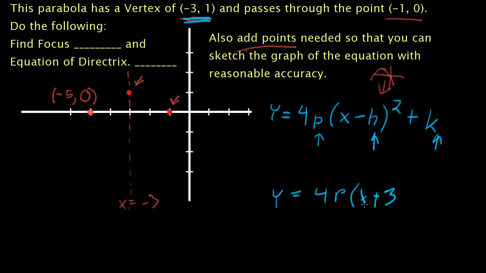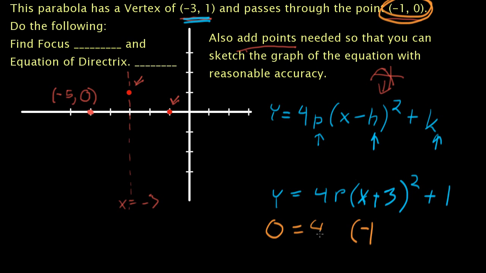Okay, so I've got (x plus 3) squared plus 1. Okay, nice. Now I have an equation. Well, the point (-1, 0) is in that equation. So I've got a -1 here, and I've got a 0 here. And those have been given to me.